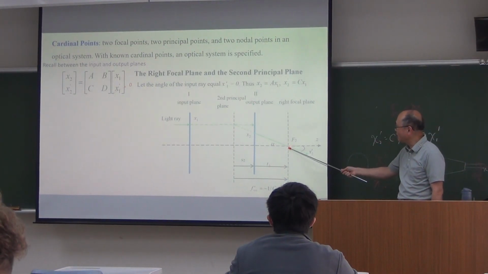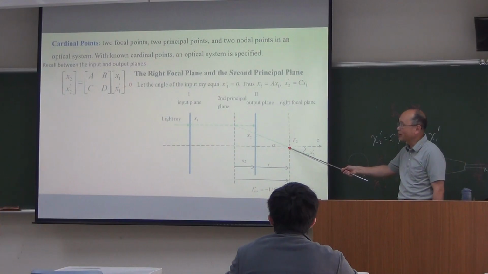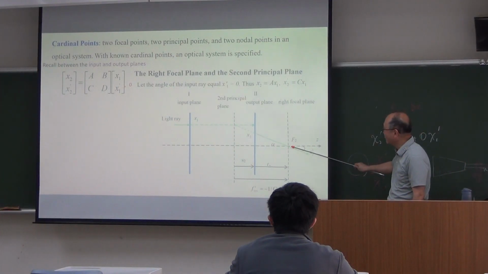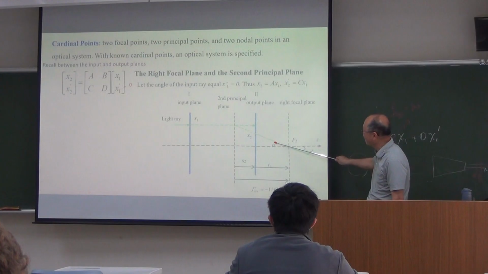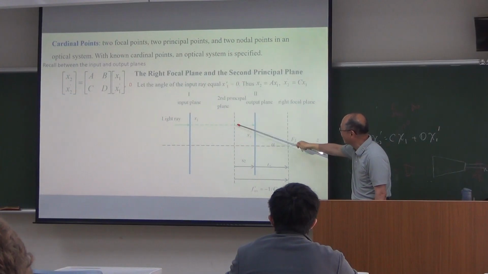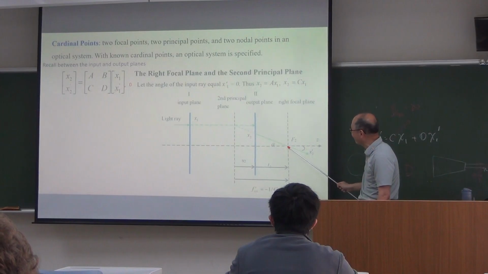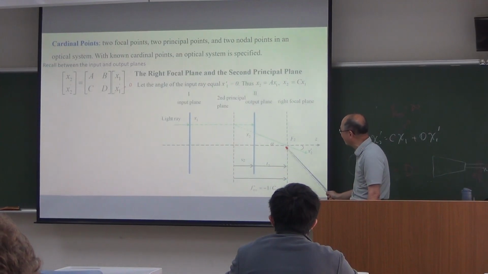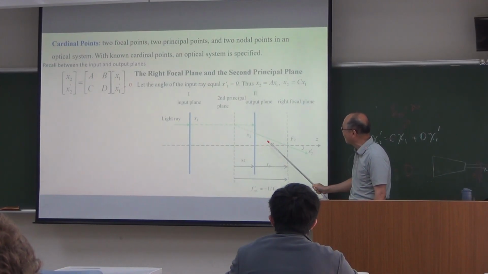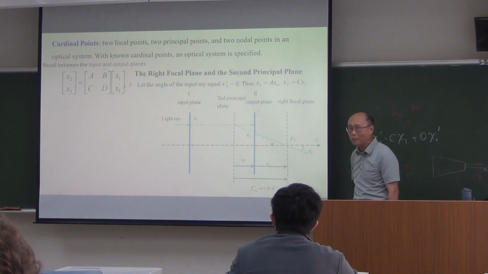Well, once you have this, once you observe this focal point, then the focal length, in fact, is found by moving this ray backward to determine the focal length. But then you see that the focal length, defined from this point to this point, is not measured from this point to the edge of your output.